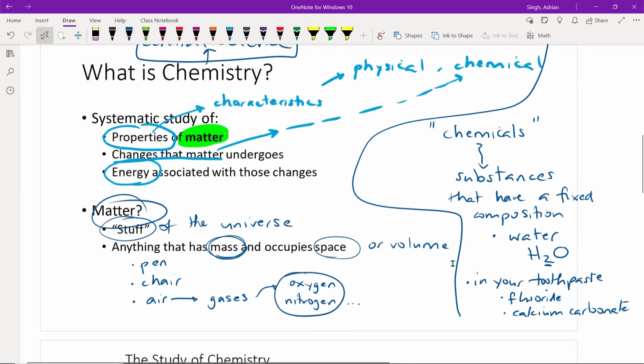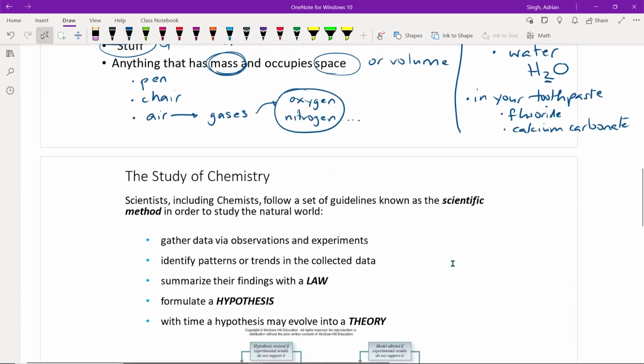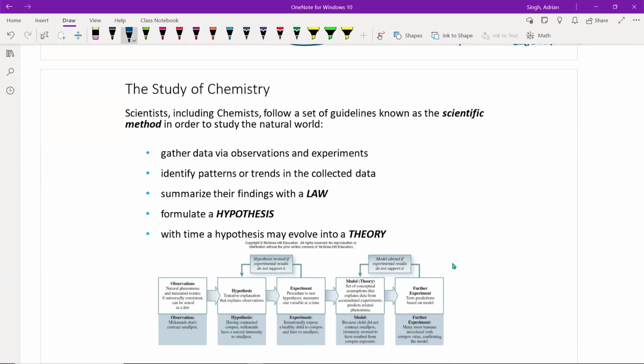So when we study chemistry and we study science, we do it systematically, we do it logically by a process known as the scientific method. And the scientific method is a logical, systematic way to try to understand the world around us.